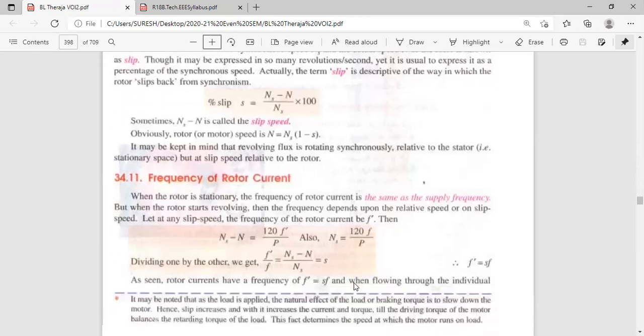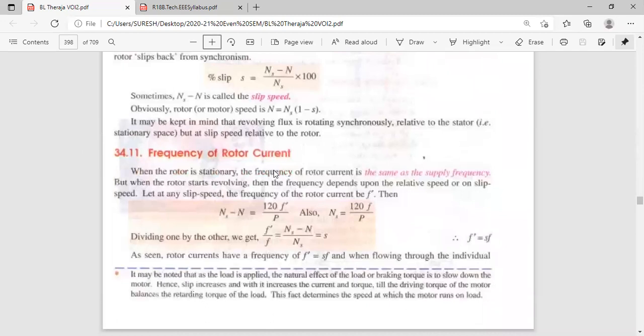Okay. Now one more formula: frequency of rotor current. When the rotor is rotating, what is the frequency of the rotor current? Write the heading, frequency of rotor current. Directly I am writing the formula: F dash is equal to SF. What is F?